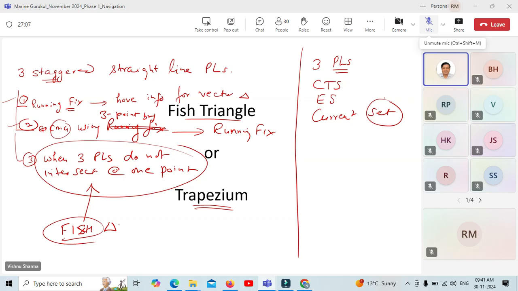Why? Because if I give current rate and set both, then I can apply running fix. If the rate is also given, I'll have 4 elements and I can apply running fix directly. Correct, beta? Yes, sir. So this rate would not be given in the question.